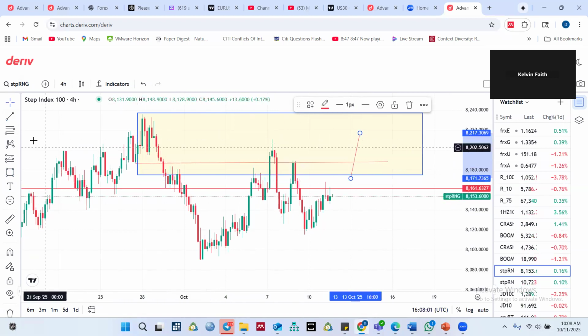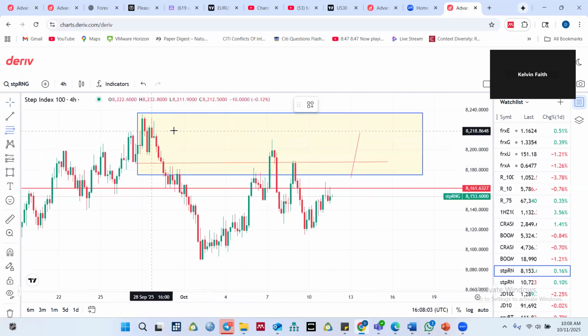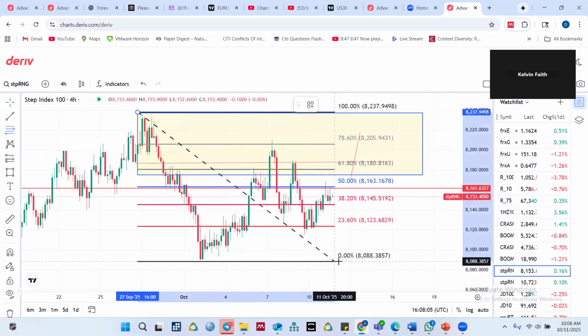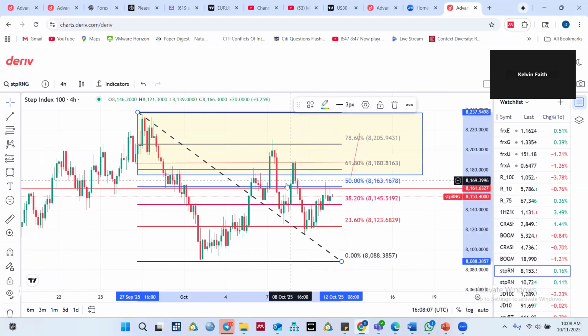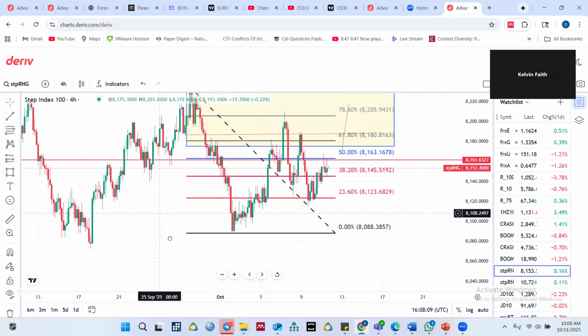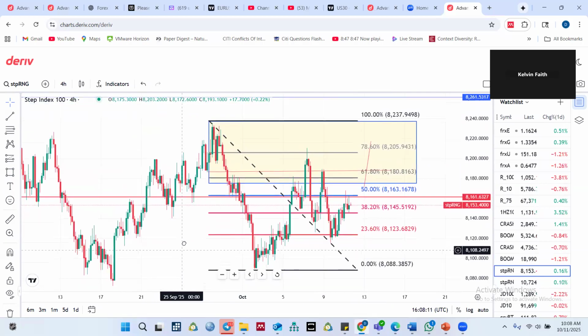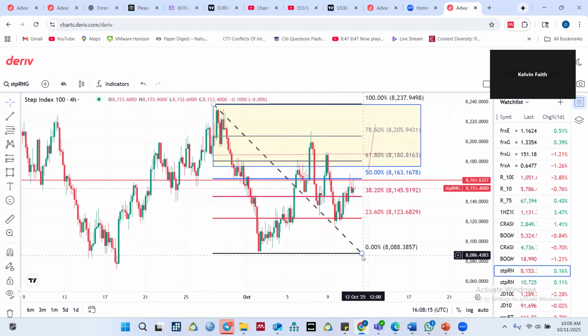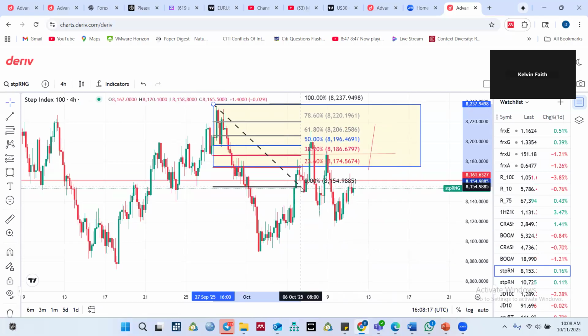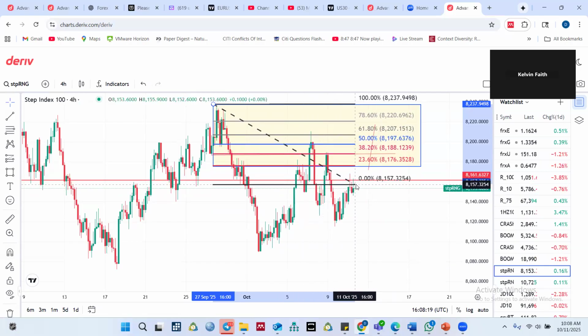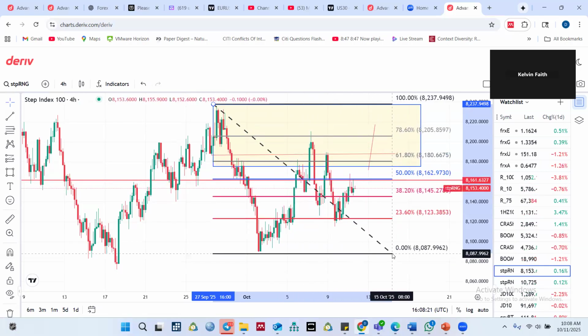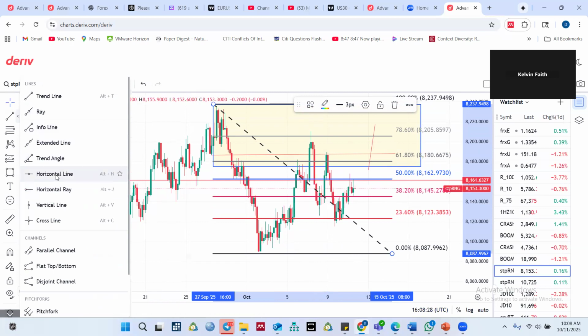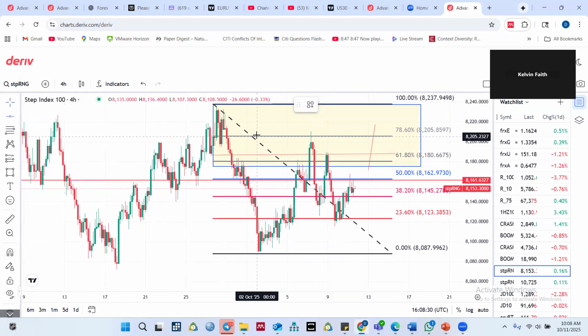We still have the 78.6%. Okay, I think price even, yeah, so we got the 78.6%. That's a very sweet spot. This is where we could even have taken our entry.